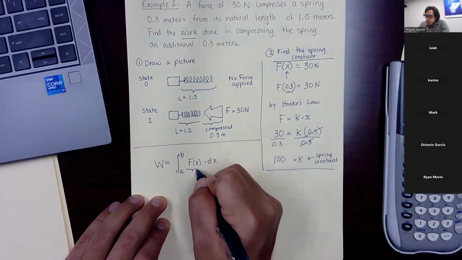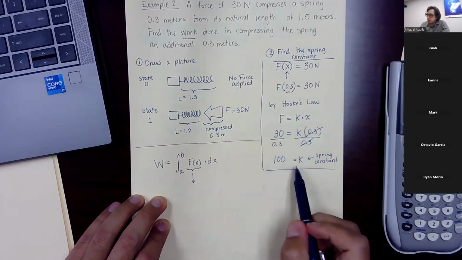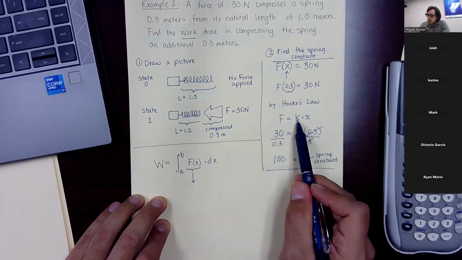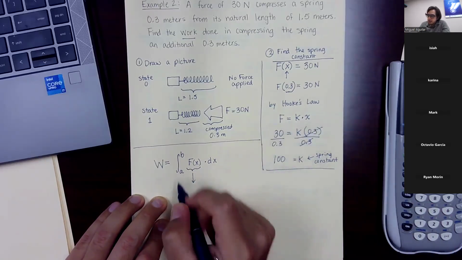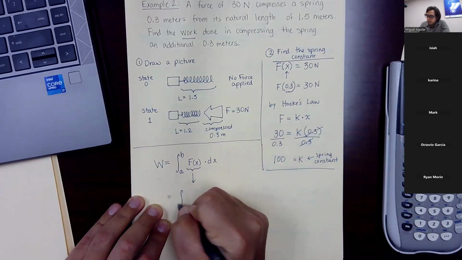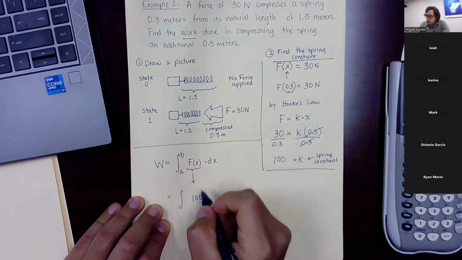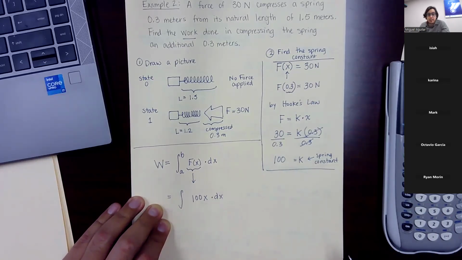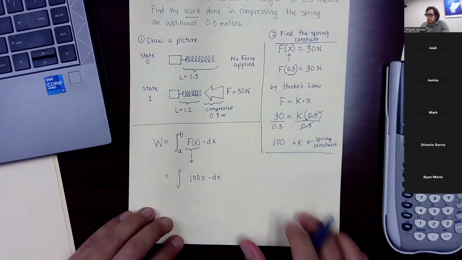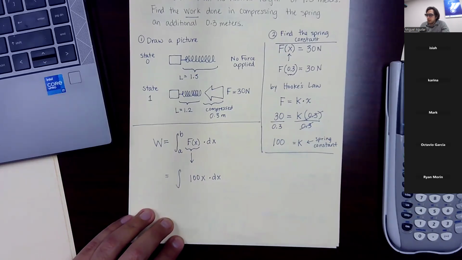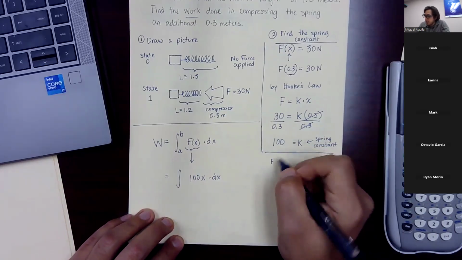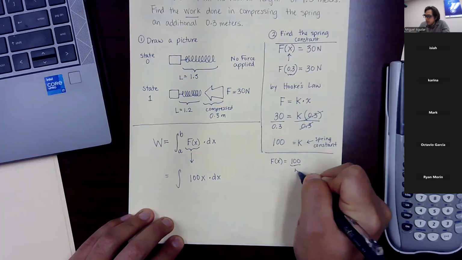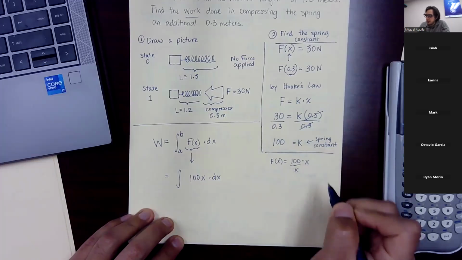But this f of x that we found, now that we have the spring constant, is just going to be that spring constant times x. So the integral that we're really looking at is of the function 100x dx. Okay, and maybe over here I should say the completed function f of x is equal to 100, that spring constant, times the distance x.